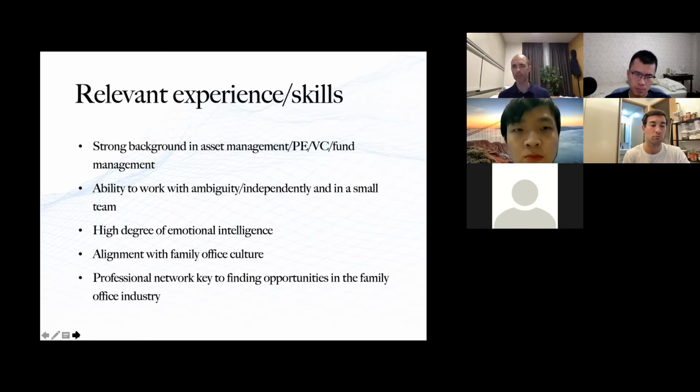The reason for that is because that individual is usually used to having a disproportionately high need for independent thought and being able to function independently and taking on significant responsibility, typically at a younger age in terms of your experience in the industry, and then culturally also working in a small group and a small team. So having that professional network, knowing people who may be able to say, hey, I heard about this opportunity with this family, would you be interested, kind of thing. That's oftentimes how those opportunities are found.